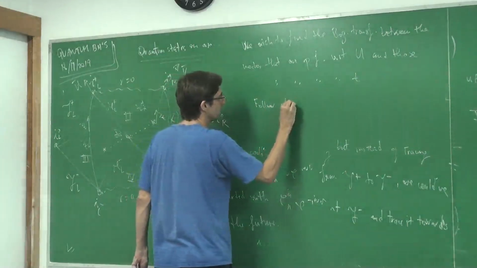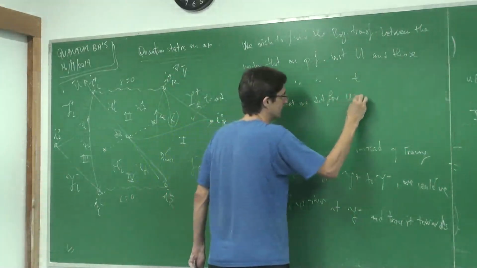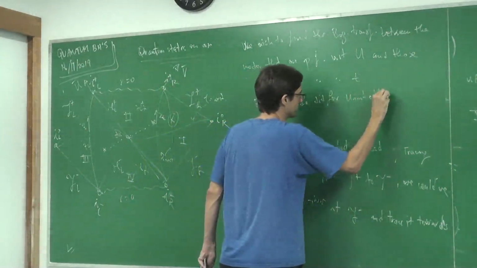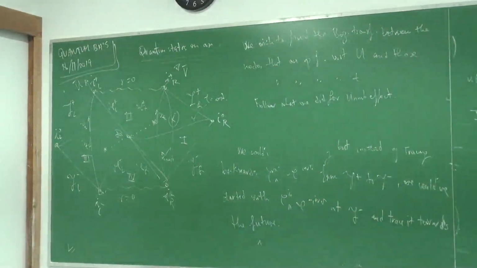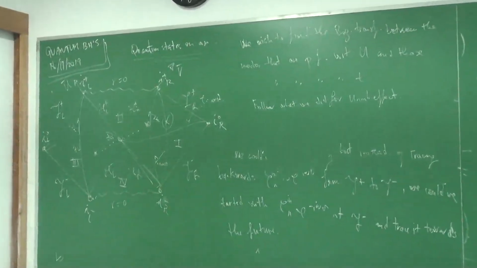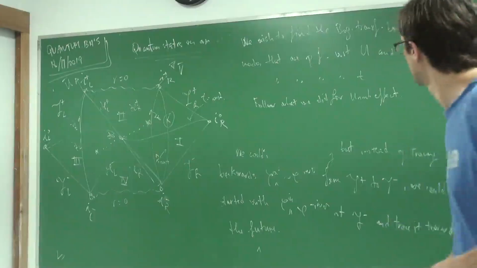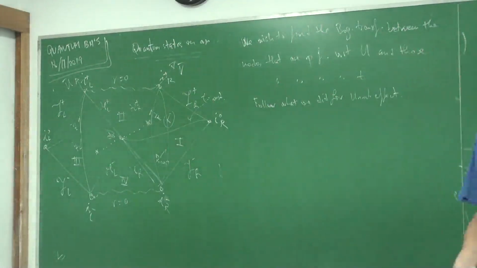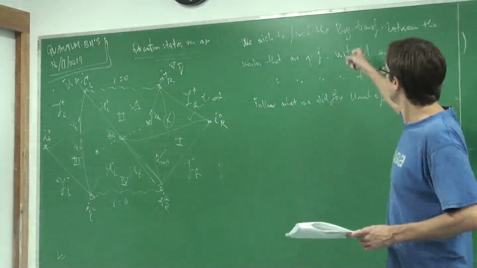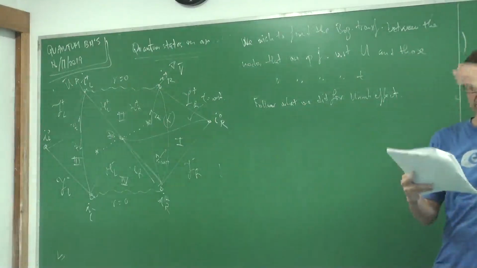Follow what we did for one effect, which is we're going to find that some of it we're going to do the same way, some of it we're not. So we'll write a linear combination of the in and out modes, and we'll show that that linear combination is indeed positive frequency with respect to capital U.